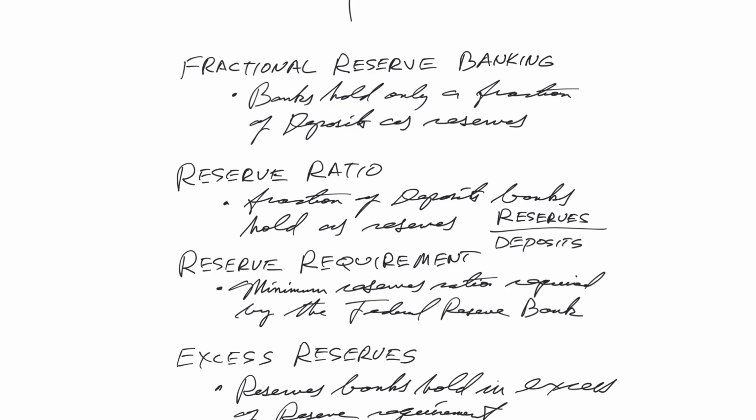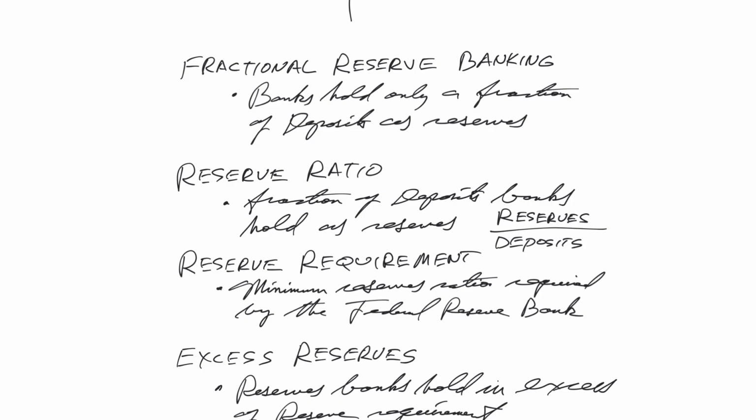Simply, in our banking system, banks hold only a fraction of deposits as reserves. When you deposit money in the bank, they don't just keep it there in a safe. They keep part of it as reserves because someone might come and ask for their money. They might want some cash, or they might write a check. So they have to keep some as reserves, but they lend out the rest. That's how they make money.